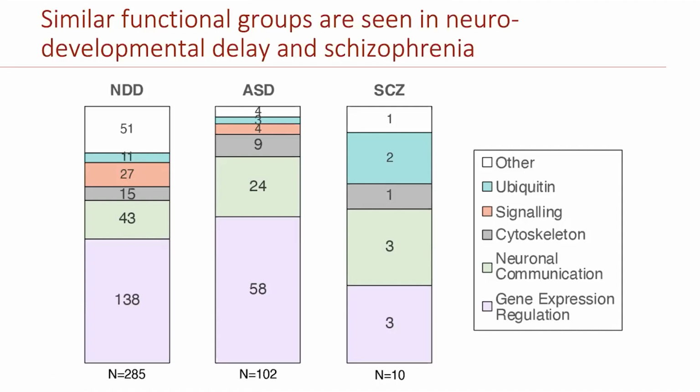And if we go and do equivalent analyses in the common variant space, these are all based on rare variants. In the common variant space, we find the same signals of gene expression regulation and neuronal communication in schizophrenia, where we've got a large data set to work with, and maybe an immune signal as well.